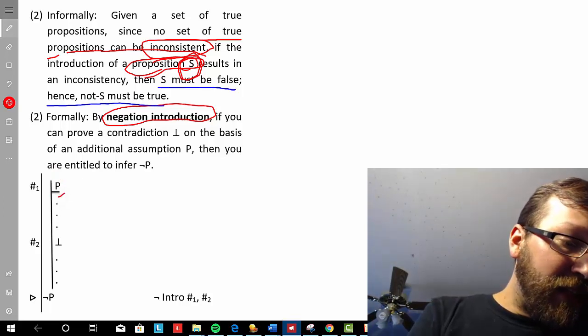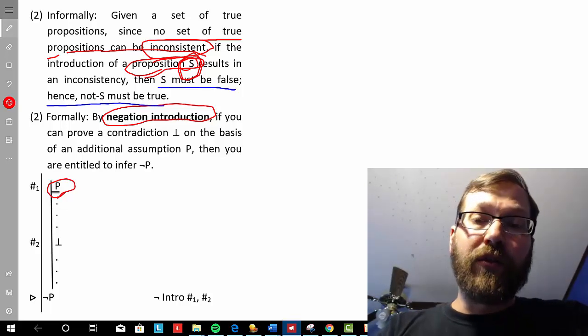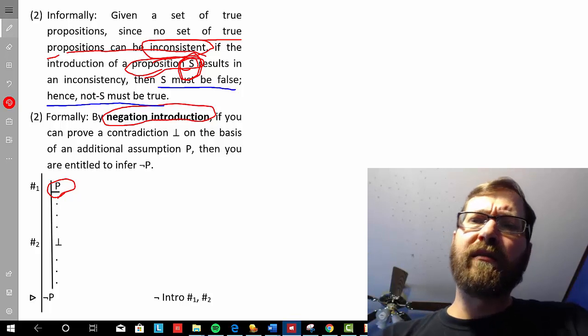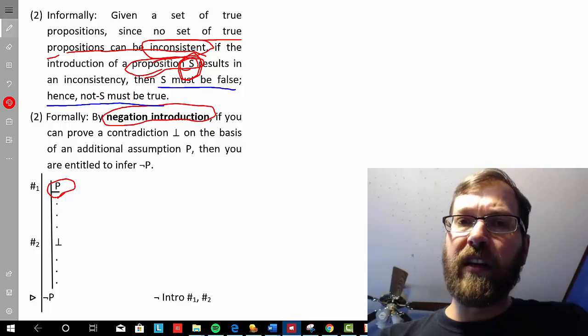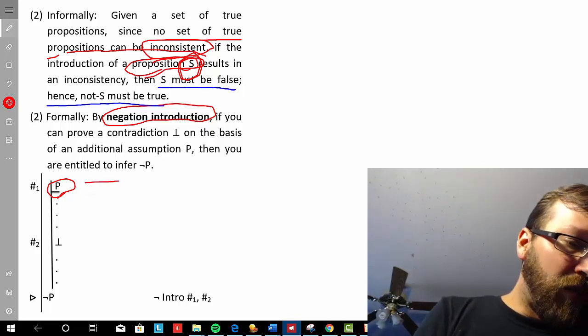So this, where we now have a subproof started, is us introducing a proposition. And again, one way to think about what we're doing here is, hey, I want to try to prove this wrong, right?